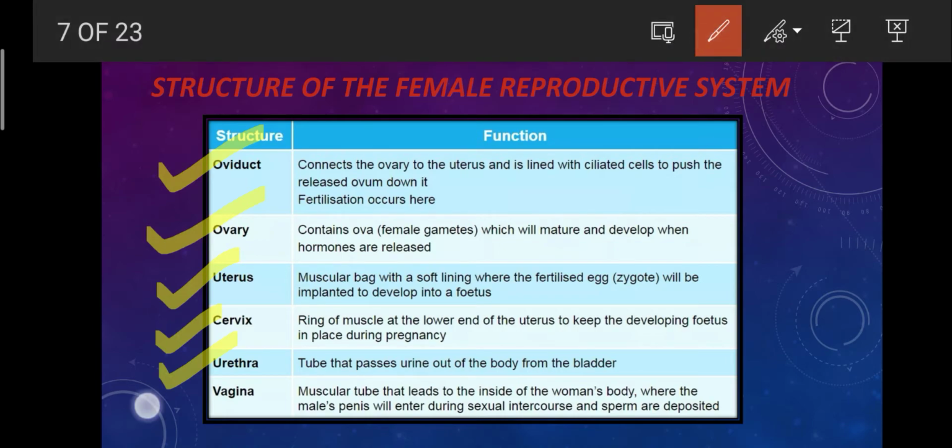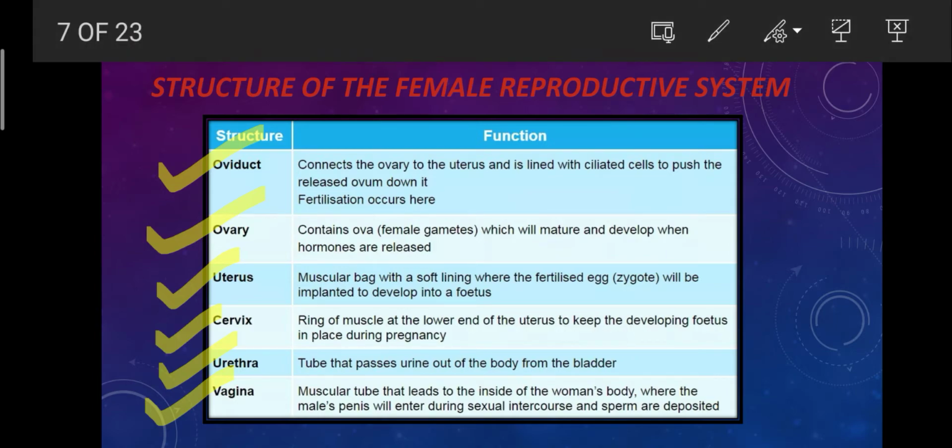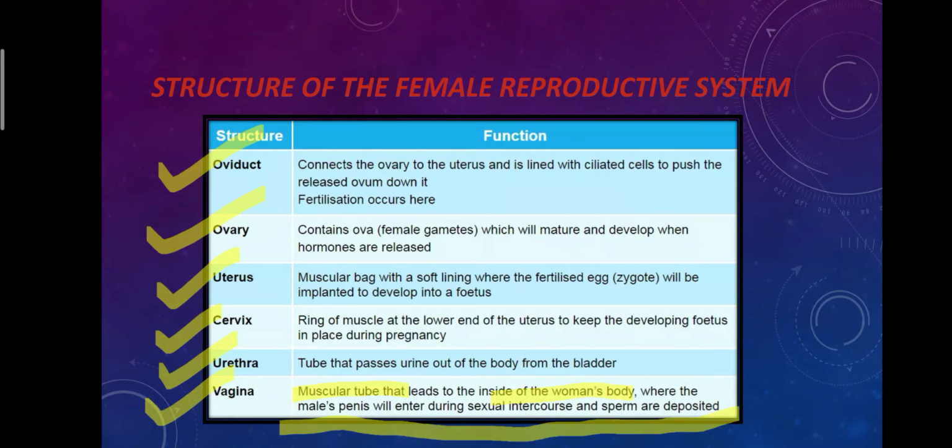The last structure is the vagina. The vagina is a muscular tube that leads to the inside of the woman's body where the male's penis will enter during sexual intercourse and sperms are deposited. So oviduct, ovary, uterus, cervix, urethra and vagina are important structures of the female reproductive system.